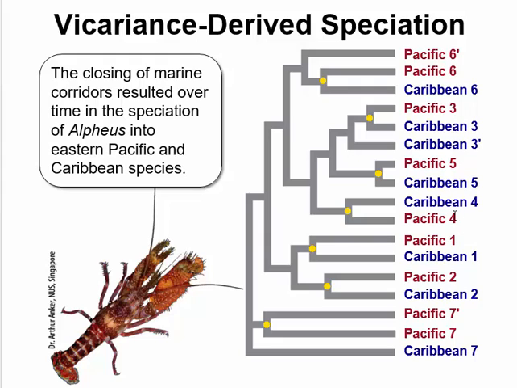And when that happened, each of those 7 would split. So, species number 3, you've got a Pacific version and a Caribbean version. Species number 5, you've got a Pacific version and a Caribbean version, and so on. So in all these lineages, we see a speciation event of species 6 and species 3, etc.